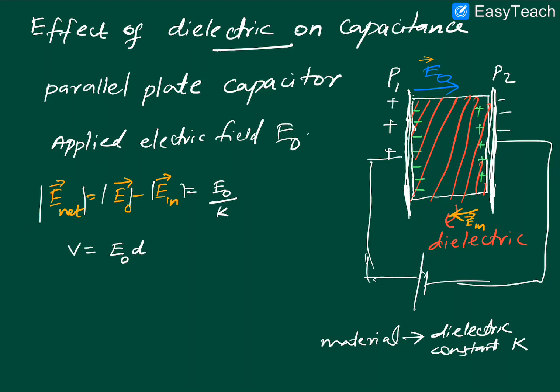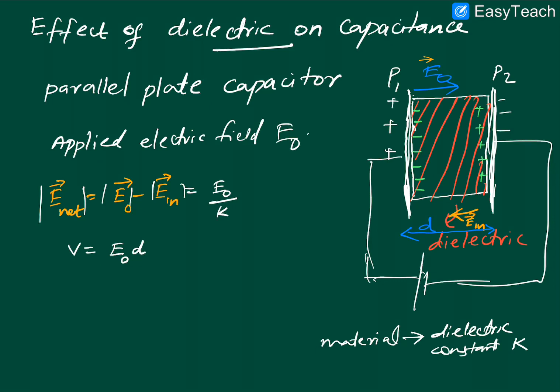Initially we consider that it is D. So potential between the plates is nothing but applied field into D, isn't it?